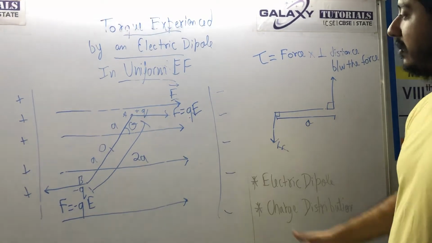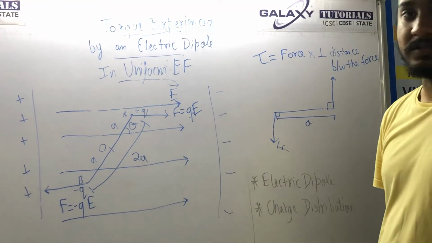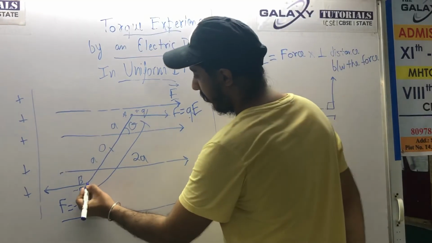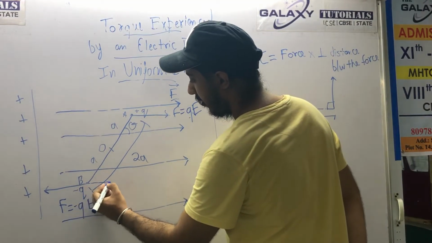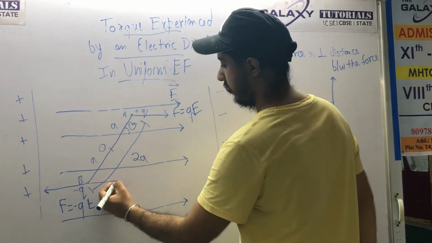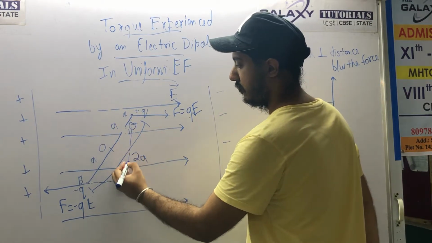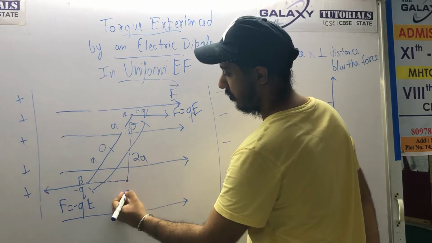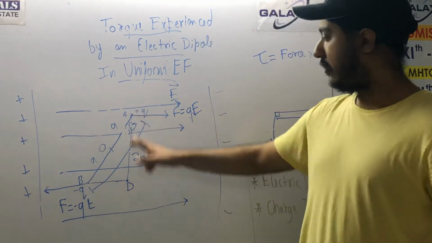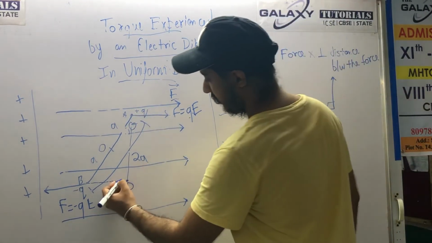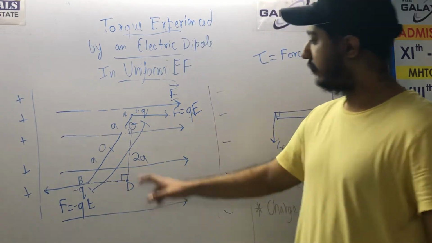Okay, so in this case, what is the perpendicular distance? The perpendicular distance will be AD. Yes or no? Yes.